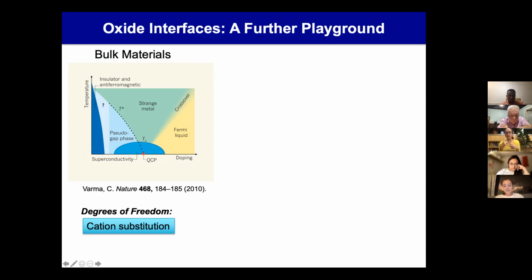So what they're doing is putting in one cation for another, a yttrium for a barium or something, where they have a slightly different valence electron count, and then you're changing the number of electrons going into the system. You can change the number of electrons by a few percent in these cuprates, and you go all the way over from an insulating phase that's antiferromagnetic to a superconductor, to some metallic phases.